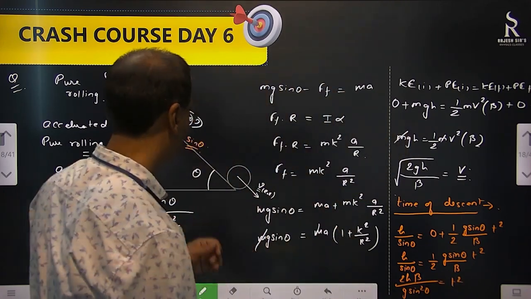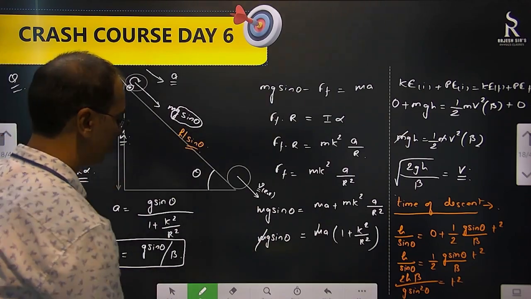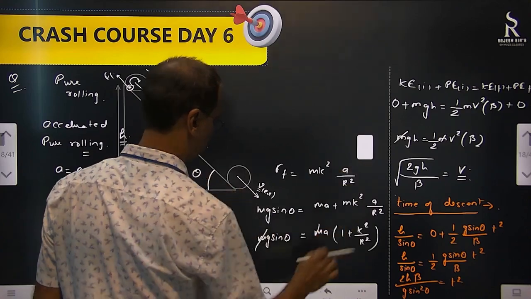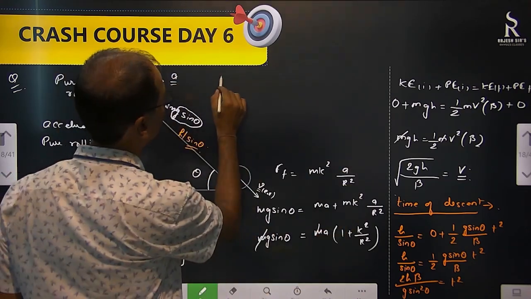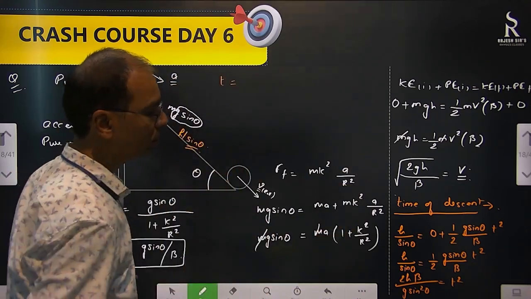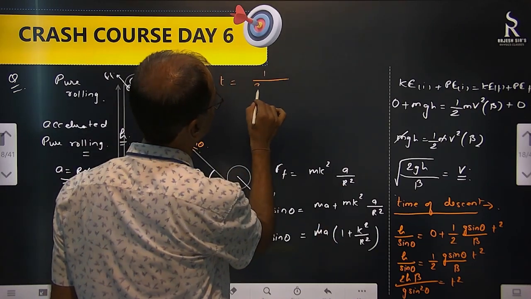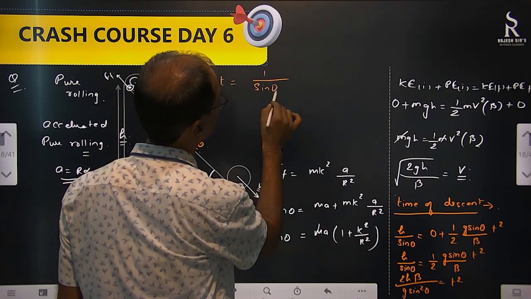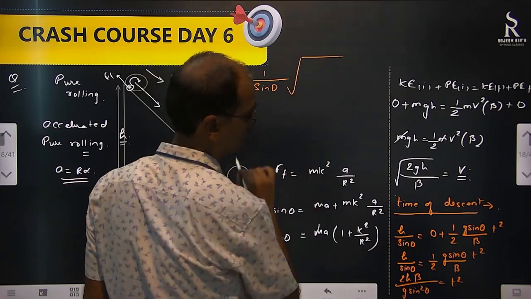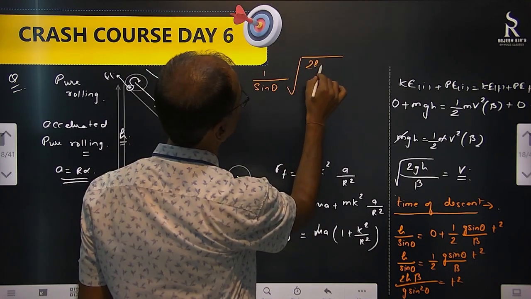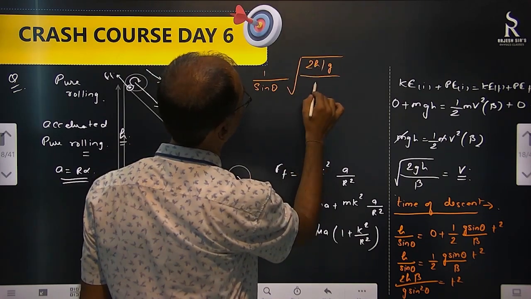What is the final formula for time of descent? The time of descent formula is 1 by sin theta root over 2h by g by beta.